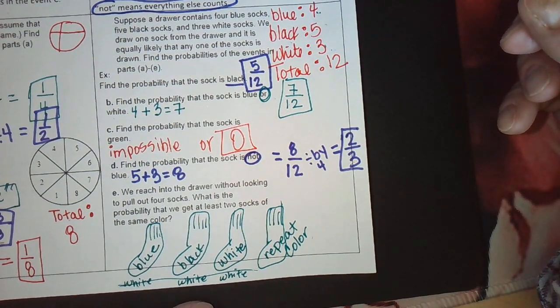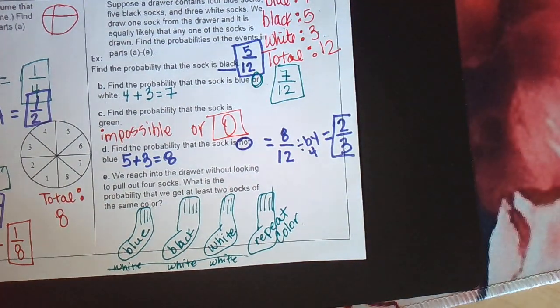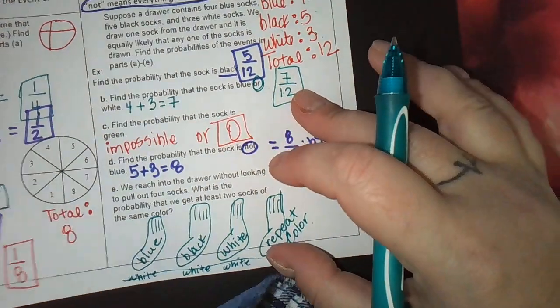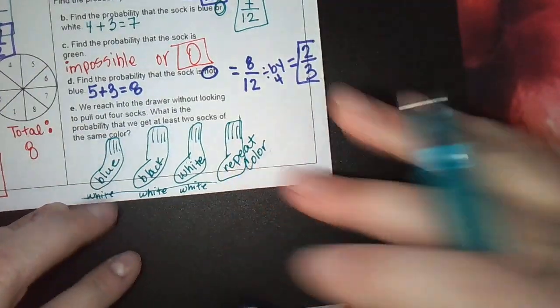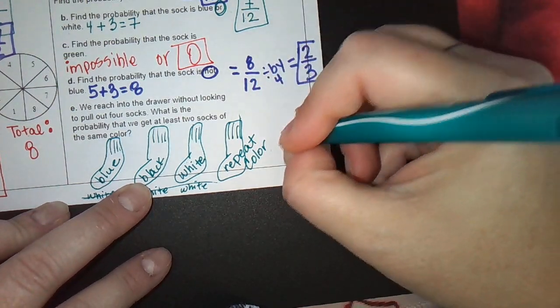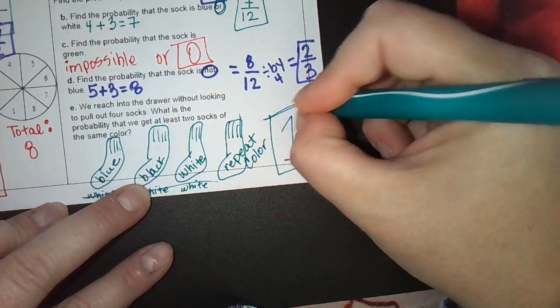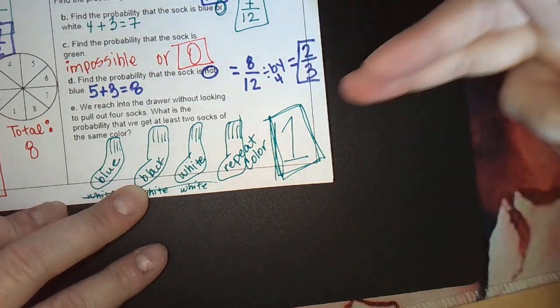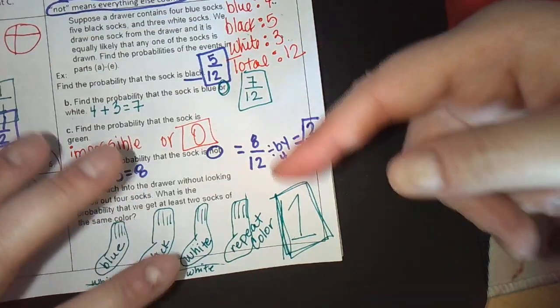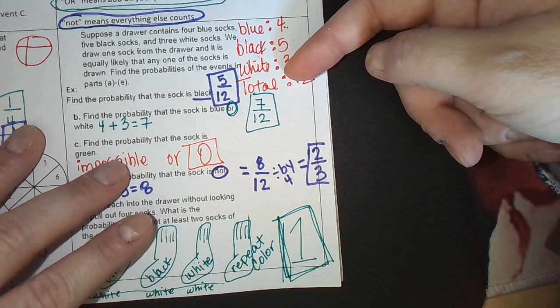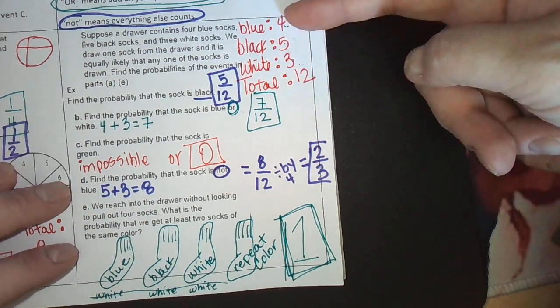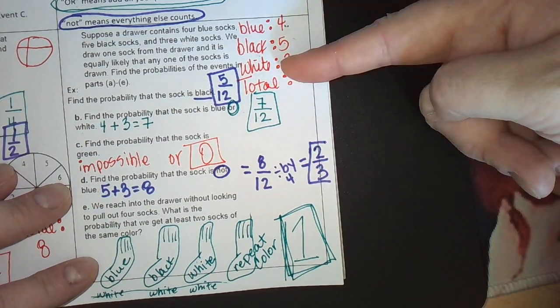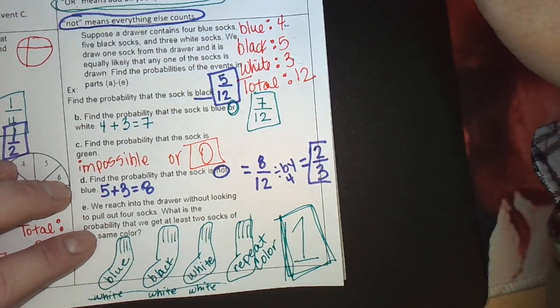So, it says we reach into the drawer without looking to pull out 4 socks. What is the probability that we'll get at least 2 socks of the same color? Well, it's always going to happen. So it's 1 or 100%. The reason it's always going to happen is because we only have 3 color socks, and all of these socks have 3 or more. Okay, let's keep going.